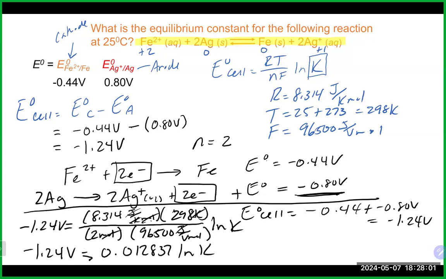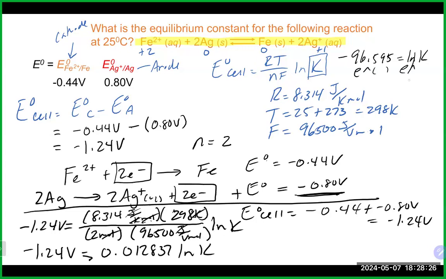We're going to divide that to the other side, and that'll be negative 1.24 divided by 0.01283761. That's going to give us negative 96.595, we'll call it, equals the natural log of K. To get rid of the natural log of K, we're going to take the e of both sides.